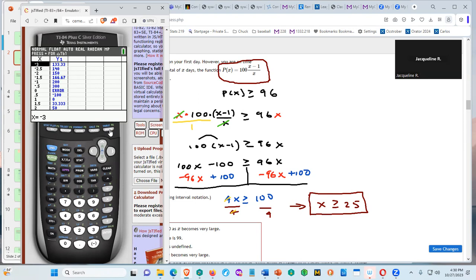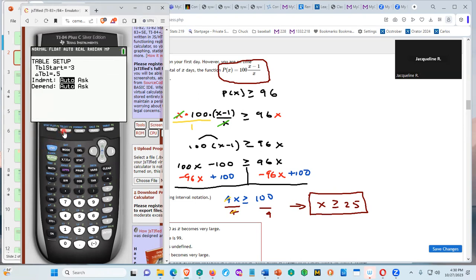Oh, I've got it set to half. So I'm going to change my parameters here. Normally what we have is, okay, so I'm going to go to table set, which is second window. Normally the delta table is 1, which means you just have X going through the integers, -1, 0, 1, 2, 3.